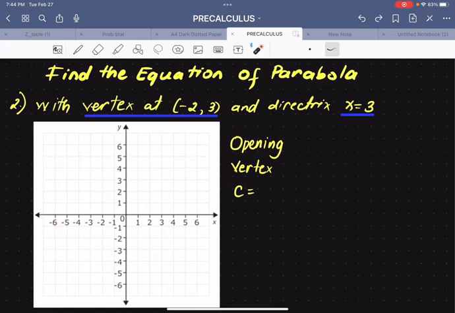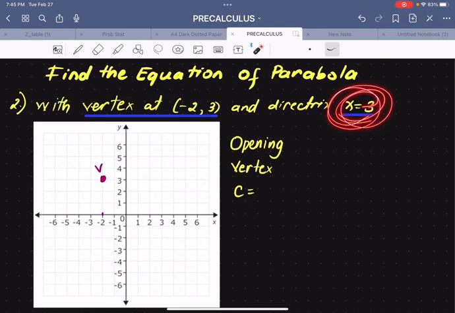Okay, so to determine, let's plot first the given ordered pairs, the vertex, and graph the directrix. So the vertex at negative 2, 3. So this is the point, or this is the vertex of the parabola, negative 2, 3, and the directrix is x is equal to 3.